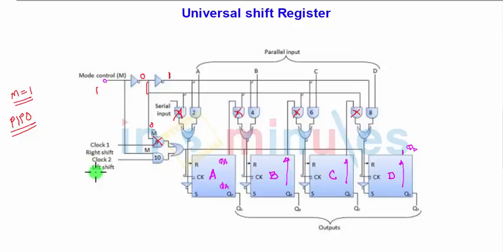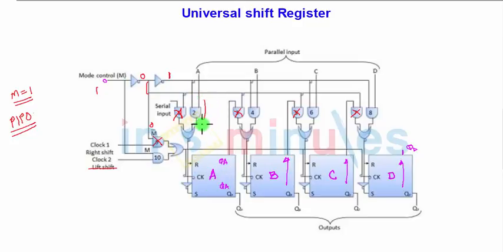But in this case it is not going to work as a shift left, because data will be set parallelly as we have taken the A, B, C, D points outwards. Suppose we have already connected A, B, C, D to a particular combination of data. Now what will happen for each clock? Each bit is loaded through the AND gate and this OR gate towards the D flip-flop.